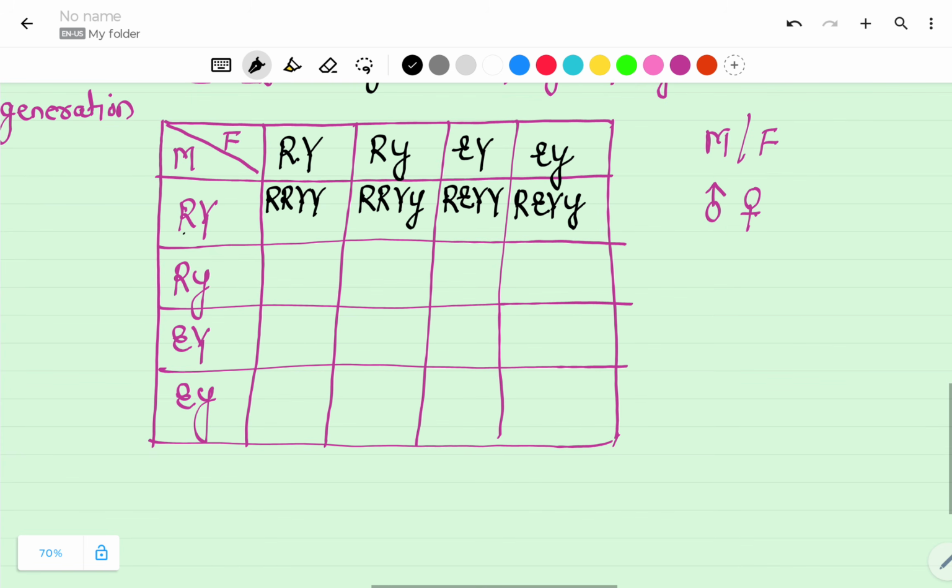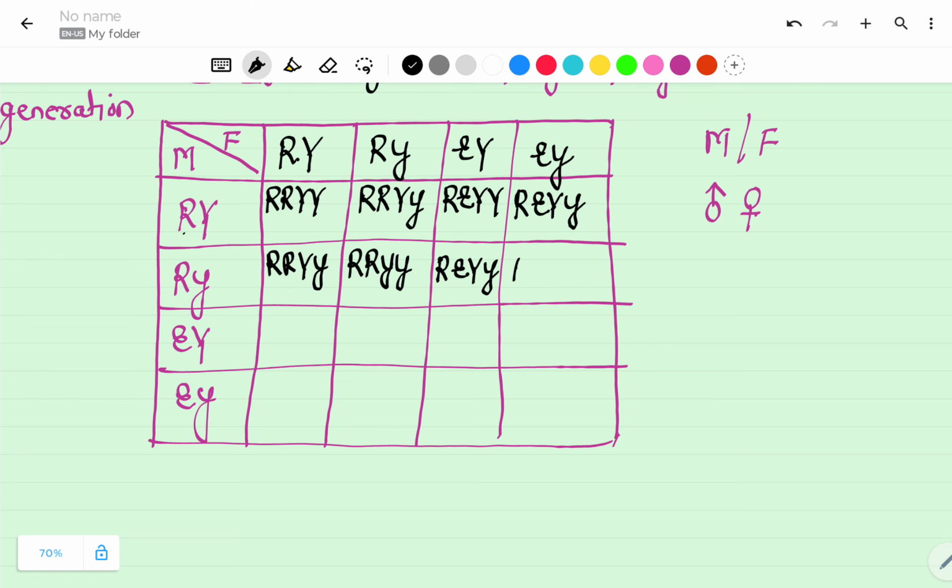Here again, second table, capital R, capital R, capital R, capital Y, small y. Here again capital R, small y, small y. Here again capital R, small r, capital Y, small y.